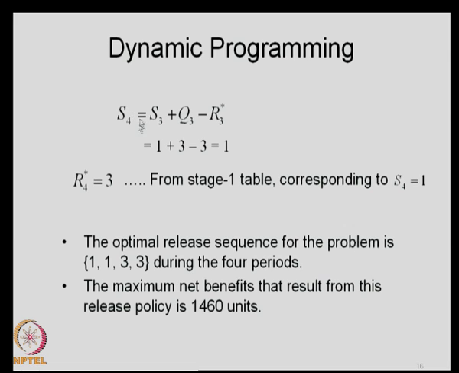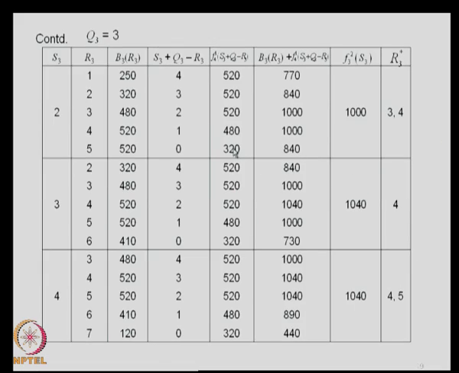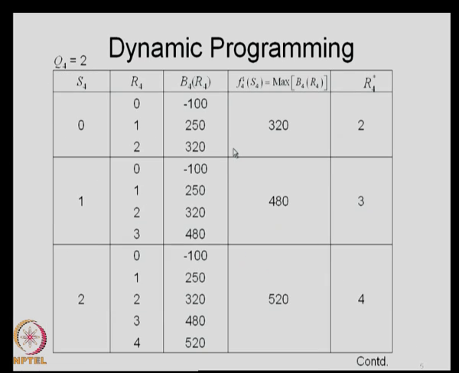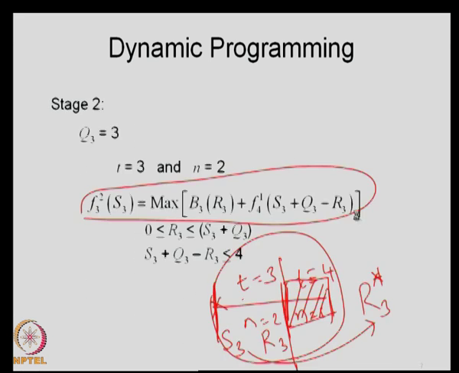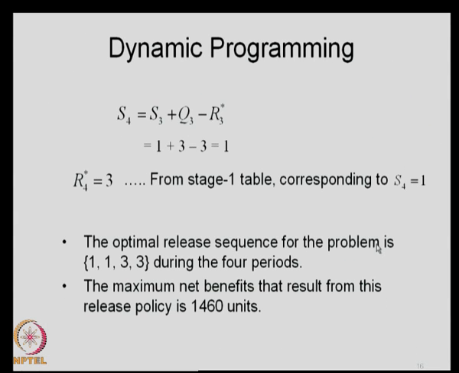This defines S4, which is the storage at the beginning of time period 4, which corresponds to stage number 1. Go to stage number 1 and look for S4 is equal to 1. It says R4 star should be 3. So, R4 star is 3.